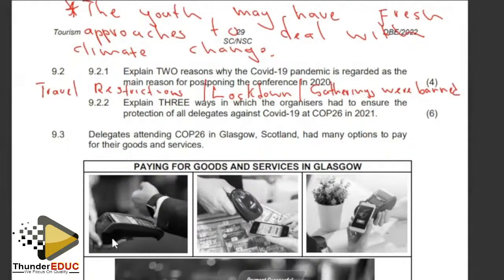9.2.2 Explain three ways in which the organizers had to ensure protection of all delegates against COVID-19. So hand washing, the basics. Social distancing.